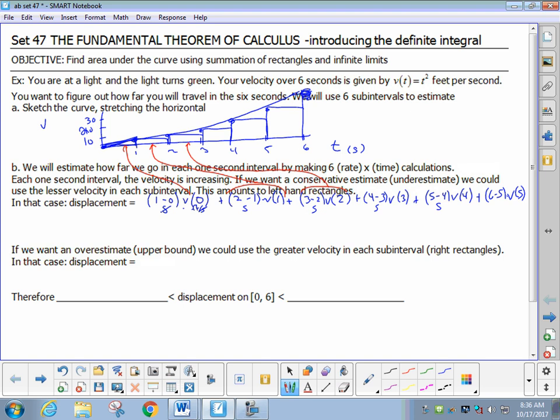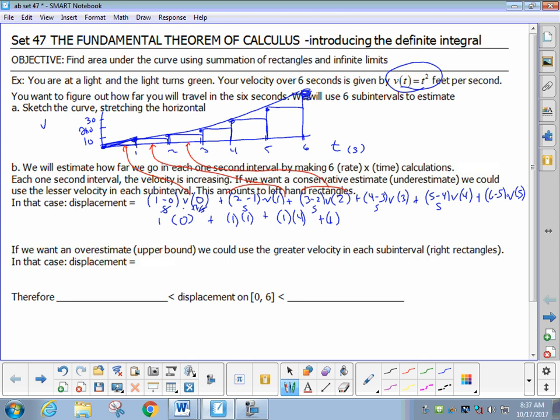Okay. If I calculate them, I get 1 times, what is the velocity at time 0? 0. Then 1 second times the velocity at time 1. Remember, the velocity is t squared. So the velocity at 1 is 1. The velocity at time 2 is 4.